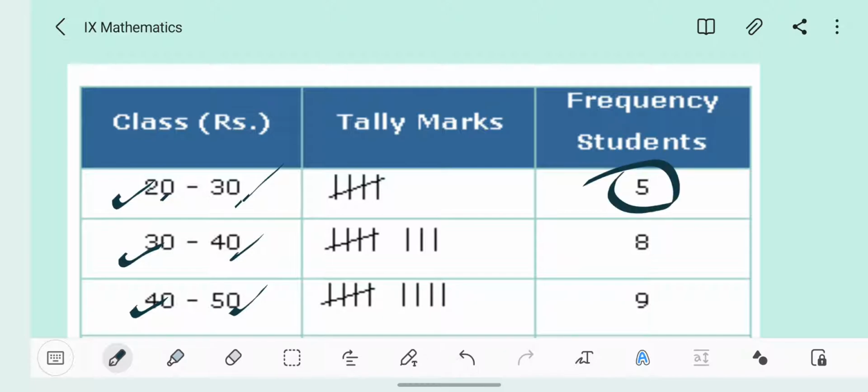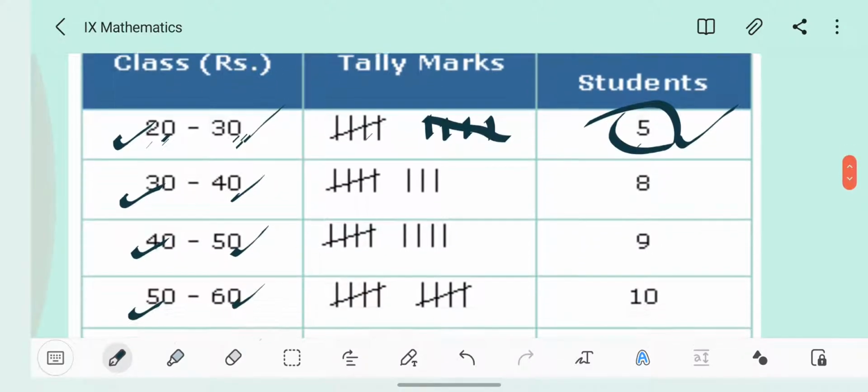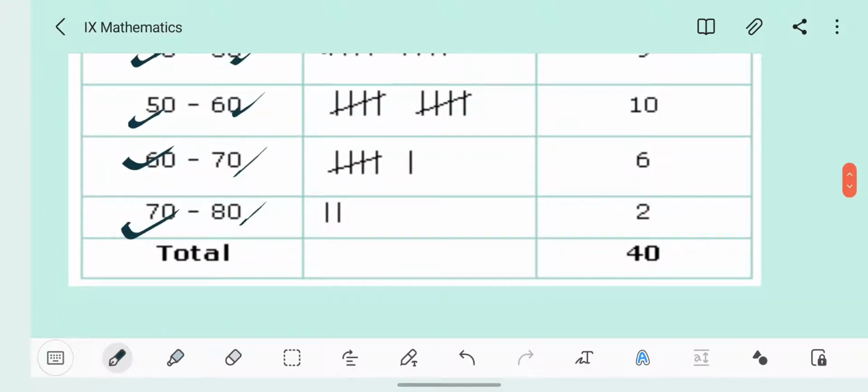The total number of students is 5 who have got an amount from 20 to 30. So with tally bars 1, 2, 3, 4 and 5, you can write the fifth bar like this also. So this is called grouping of data.